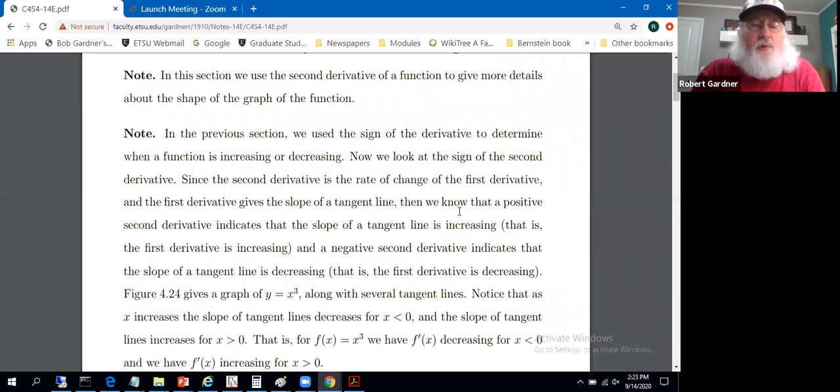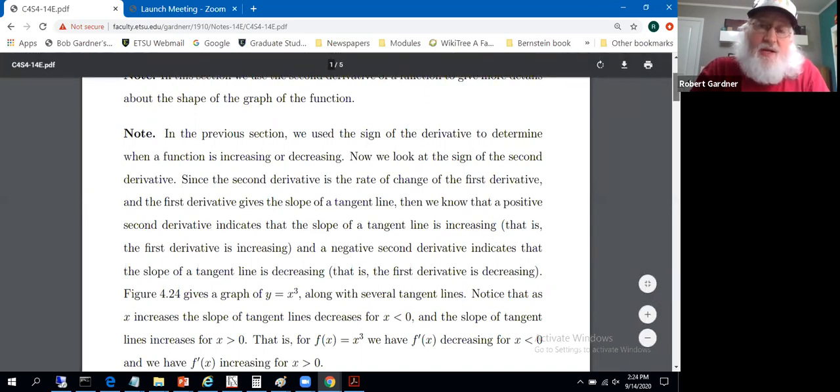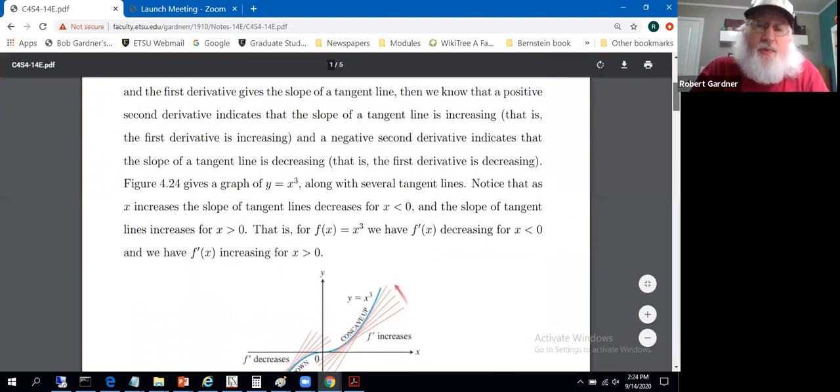So a positive second derivative indicates that the slope of the tangent line is increasing. So it's a little complicated. I'm not talking about direct properties of the graph, but about properties of tangent lines. A negative second derivative indicates that the slope of the tangent line is decreasing because second derivatives are rates of change of slopes of tangent lines.